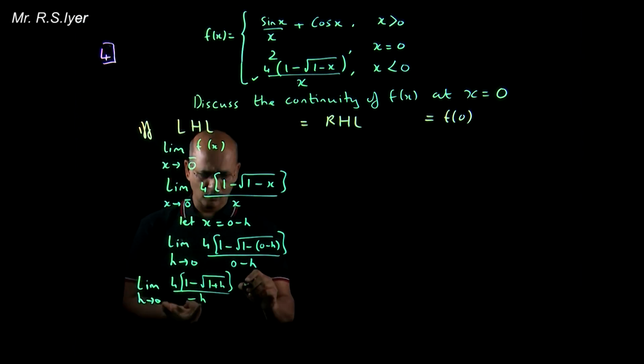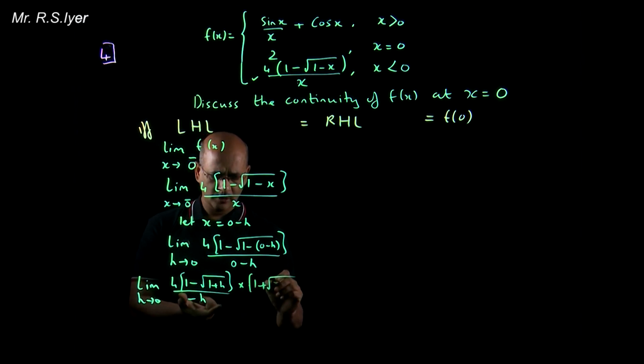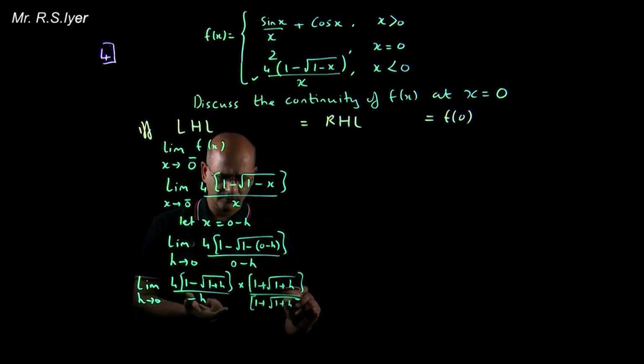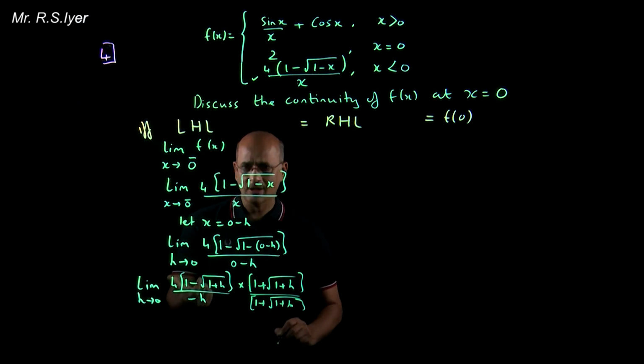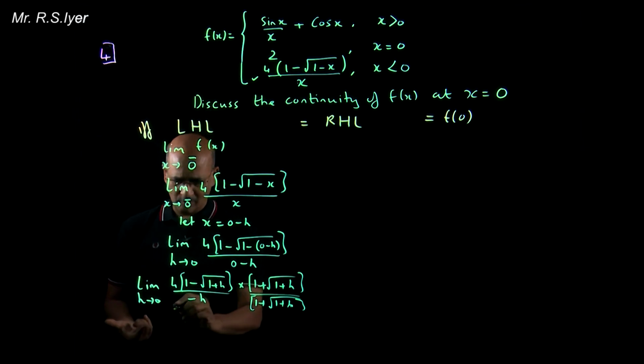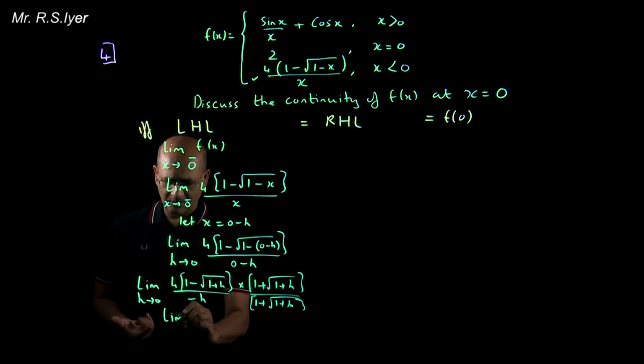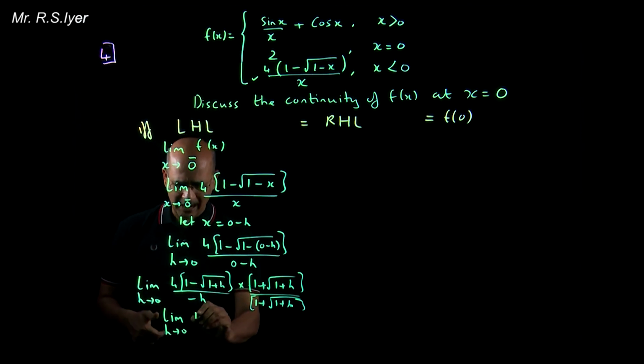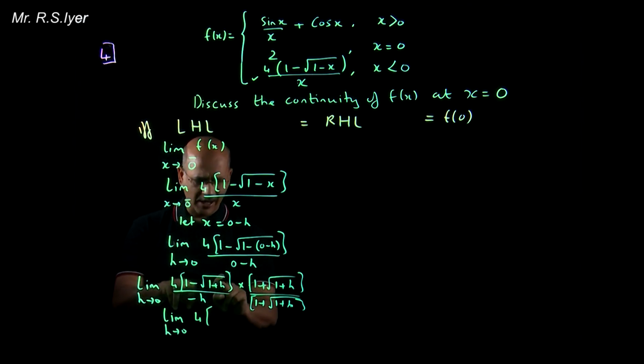Now to rationalize the numerator in this case, multiply by 1 plus root of 1 plus h upon 1 plus root of 1 plus h. So what happens finally in this case? Now if I rationalize the numerator, this will be limit of h approaches 0, 4 will remain as it is, and this is a minus b, a plus b, this part and this part.